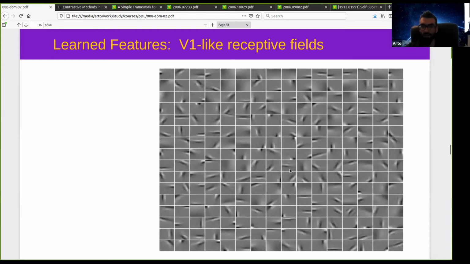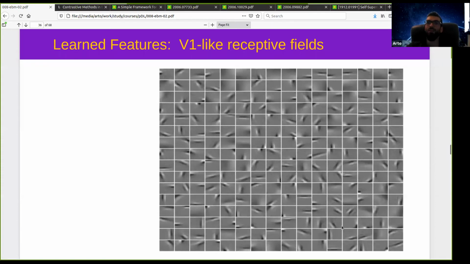Here you can see these are learned filters, and they are very similar to the filters humans have in their brain, like simple edge detectors.